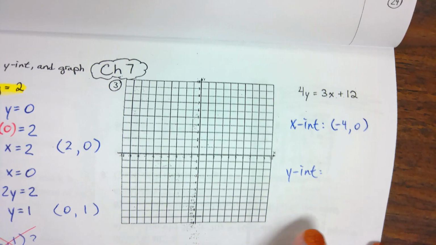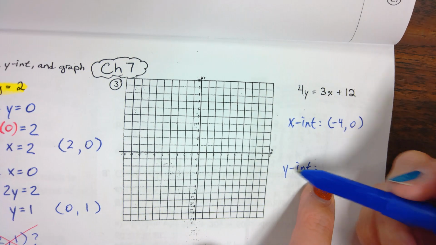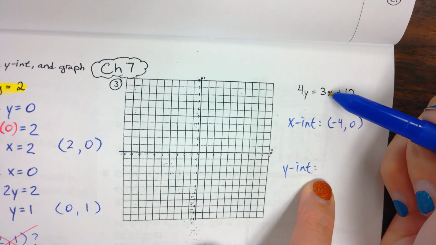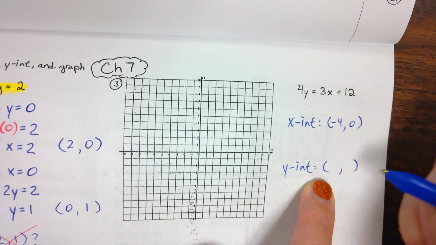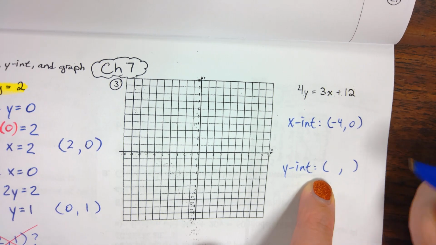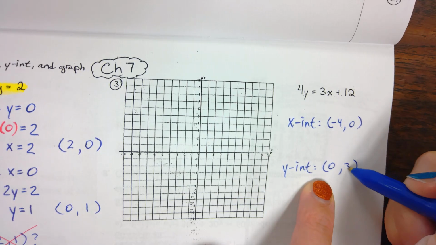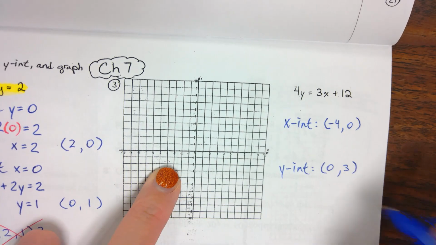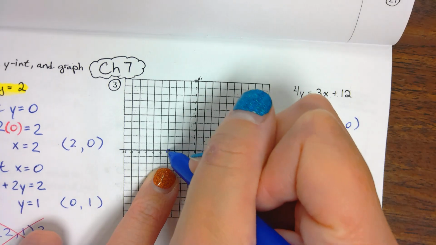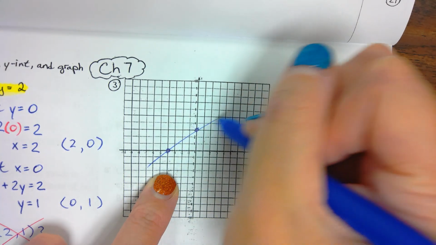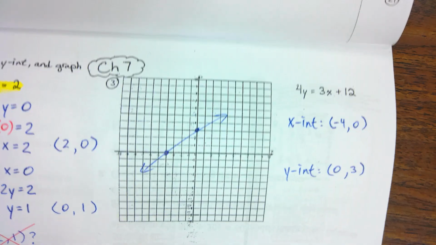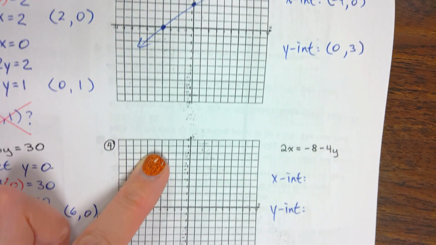That's right. Okay, and then to find y-intercept, you're going to let x be 0. So when this is 0, what did you get for y-intercept? 0, 3. Perfect. So when you graph it, -4 and 0 is right here. 0, 3 is right here. And there's your line. All right, it looks something like that.